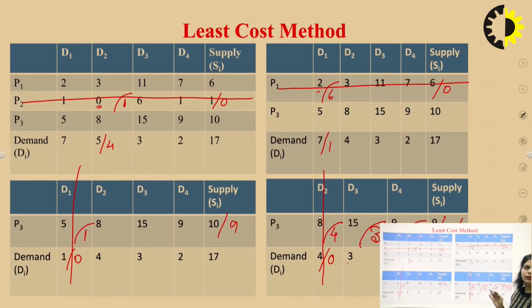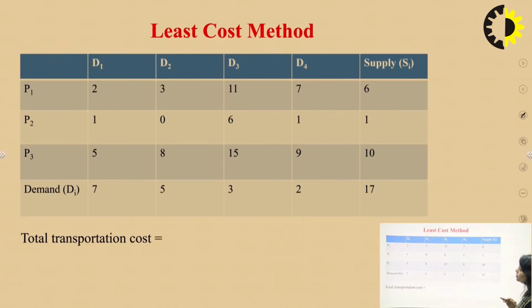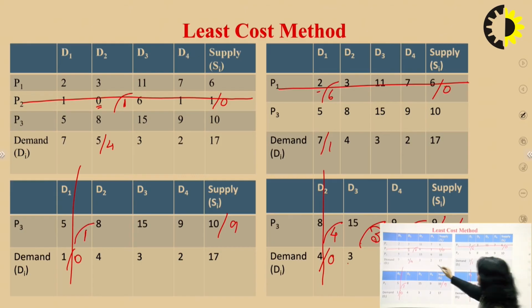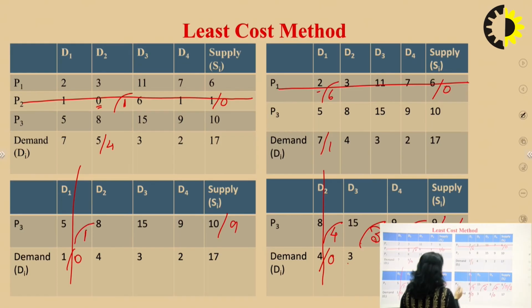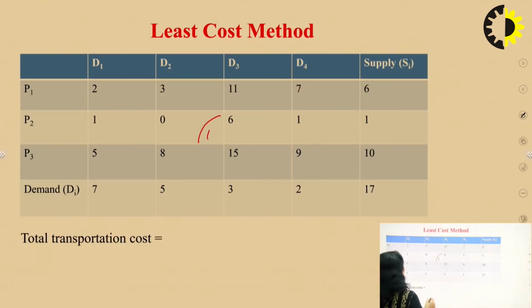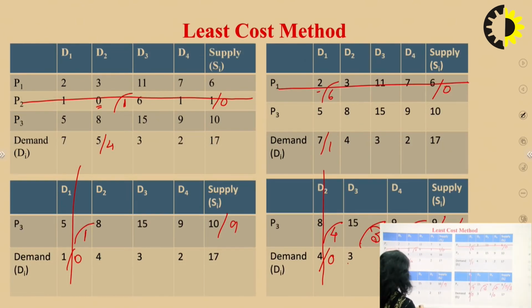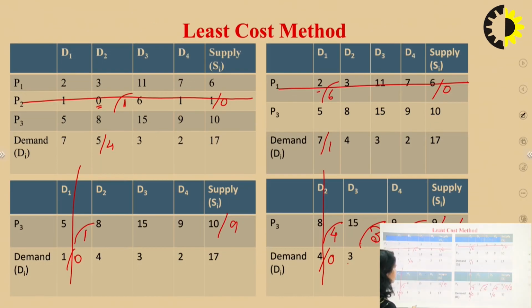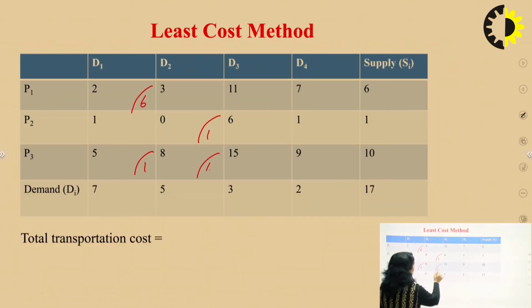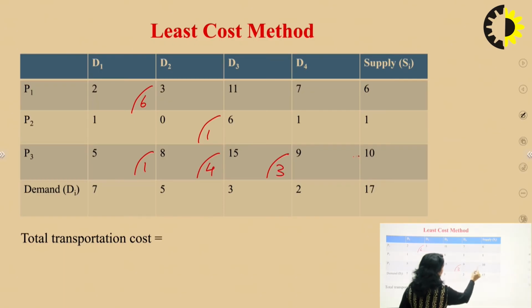Now we can find out the least transportation cost. So we have to see what are the assigned cells. 0, 1, we will write 1 here. Then we have 2, 6. We will write down 2, 6. Then we have 5, 1. Then we have 4, 3 and 2.